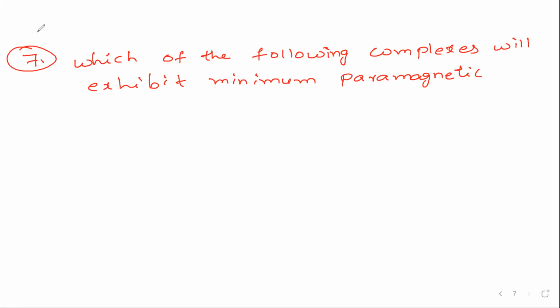Very, very important question. Minimum paramagnetic behavior. In the orbital complex, they will have paramagnetism. So we need to check the options.